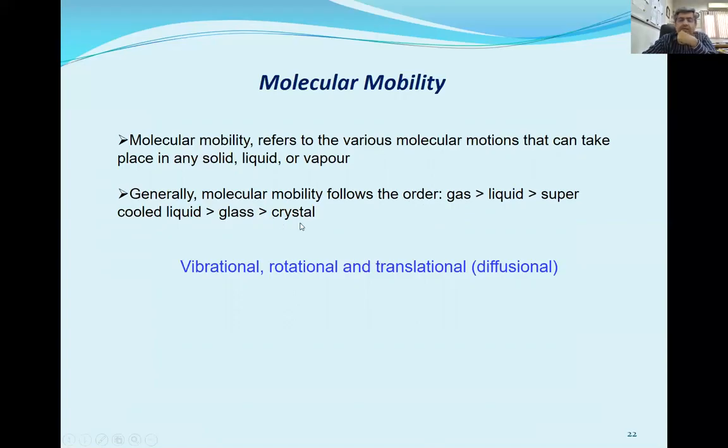In the crystalline form, the molecules are held together by the intermolecular interactions in the crystal lattice, which prevents their translational or diffusional motion, which means the molecules are not able to move from one point to another point. These are the different types of molecular motions that can exist in a system: vibrational, rotational, and translational. The translational motions are also called the diffusional motions.